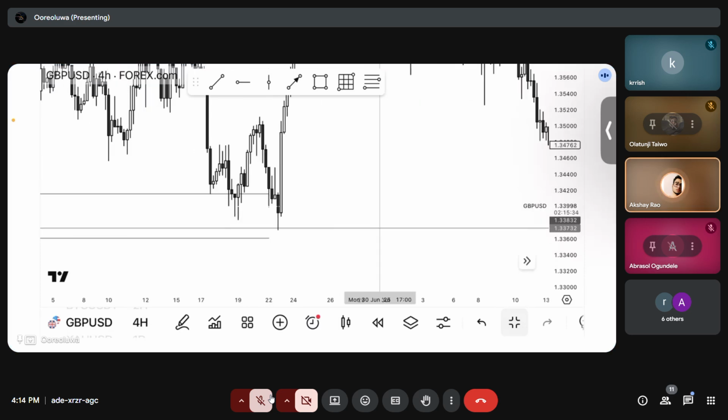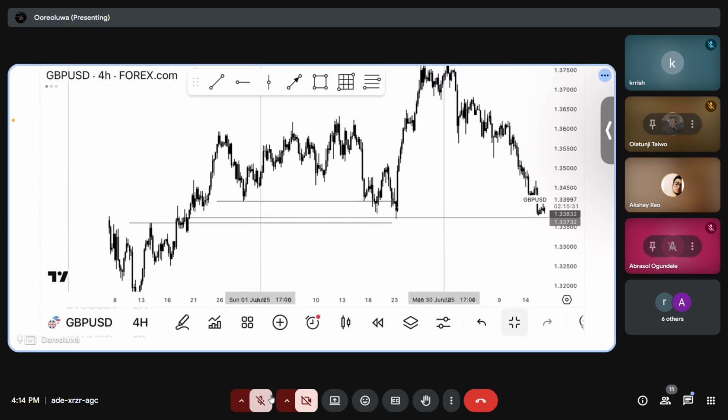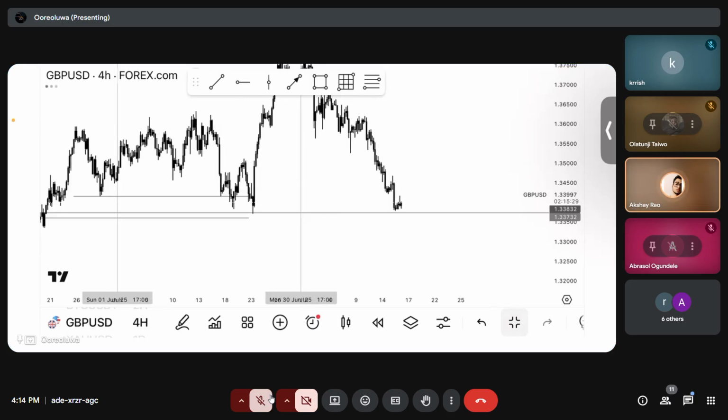Bro, in every trade, do you use standard deviation or not? I used it in all my trades. I use it, but it's not every time it gives you what you need. Sometimes you just have to stick to time. If you are convinced about the bias, sometimes you just have to stick to time.